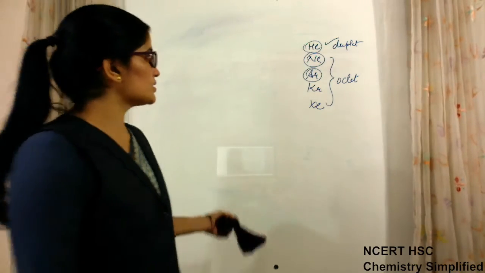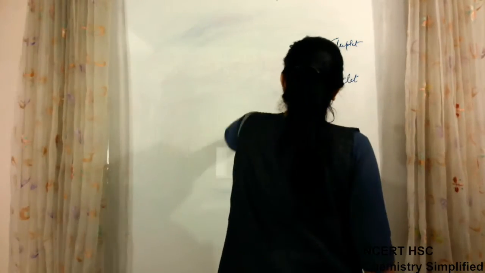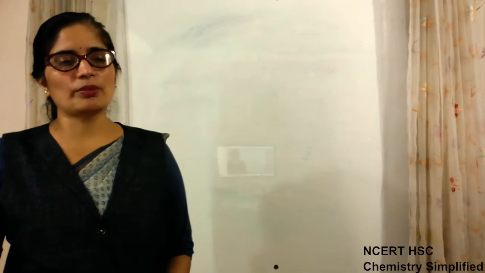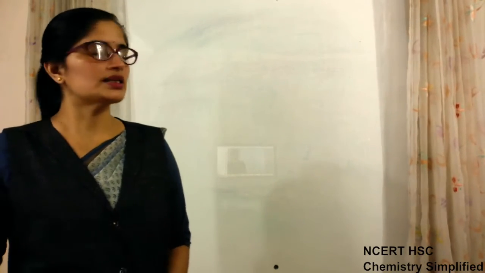Okay, so when it was known that elements undergo chemical combination, then how do they undergo these chemical combinations? This was also studied.